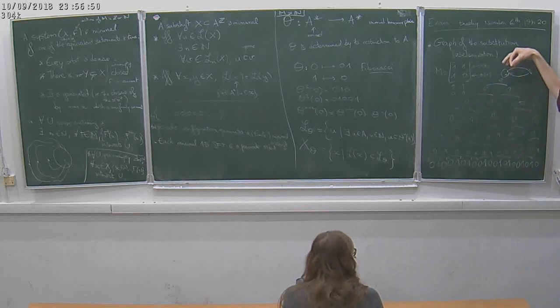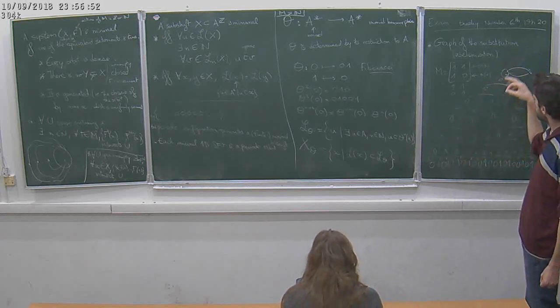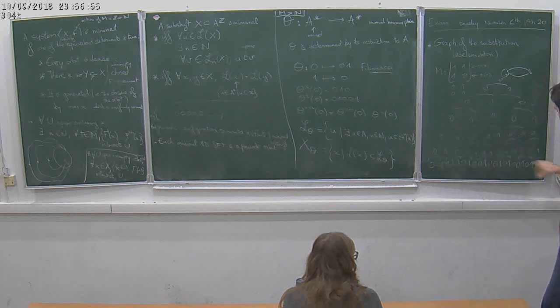Okay, like this is the derivation of 0, which gives me a long word like this.